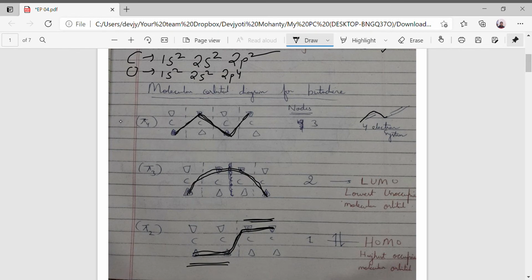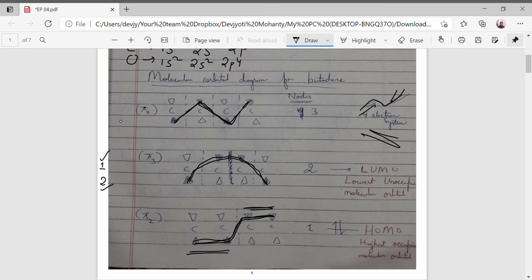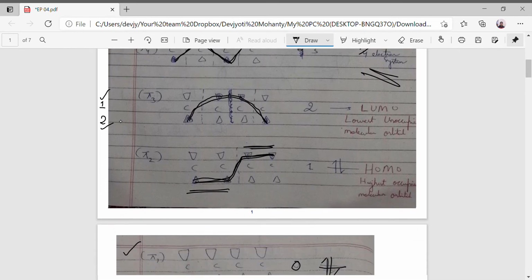Here one bond, here one bond. It is a 4 electron system. And remember that in node 1 it is making the highest occupied molecular orbital, and in node 2 it is making the lowest unoccupied molecular orbital. You can take a screenshot or slow down the video and see.